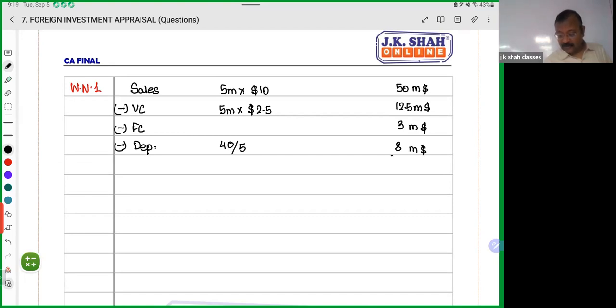And this will give us EBT. How much? 26.5. Less taxes.